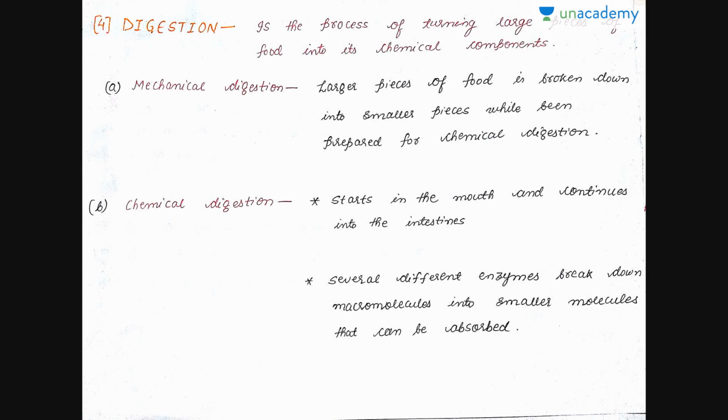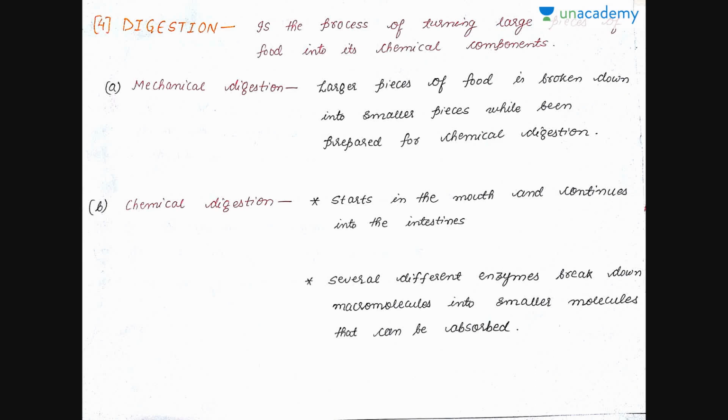In mechanical digestion, larger pieces of food are broken down into smaller pieces while being prepared for chemical digestion. Then comes the role of chemical digestion. This chemical digestion starts in the mouth and continues into the intestine. There are several different enzymes which break down macromolecules into small molecules that can be absorbed. So that was the process of digestion.